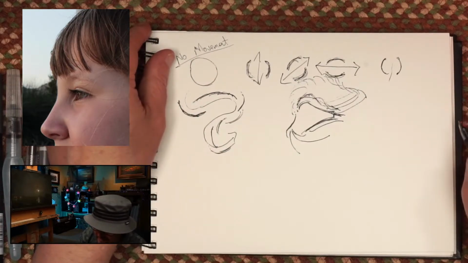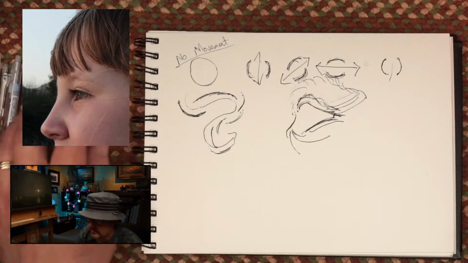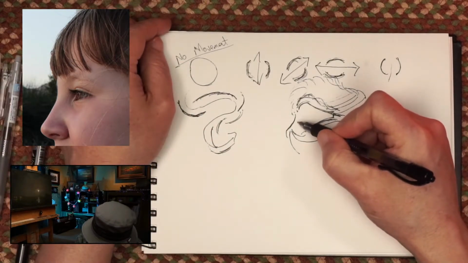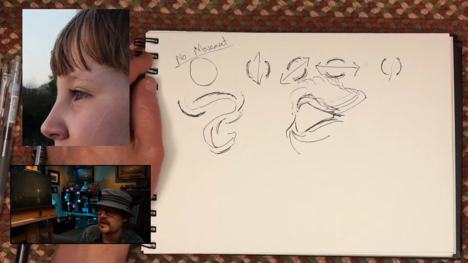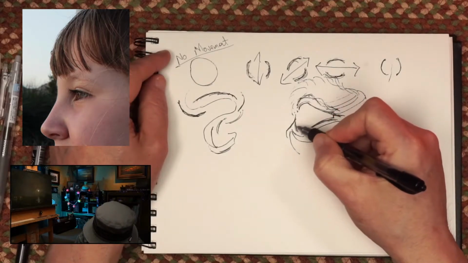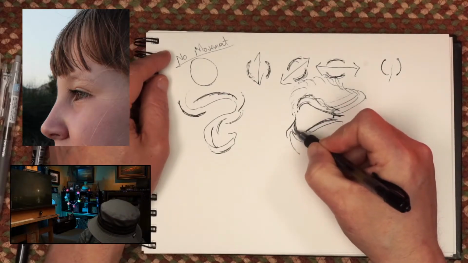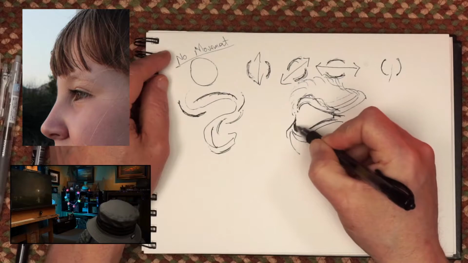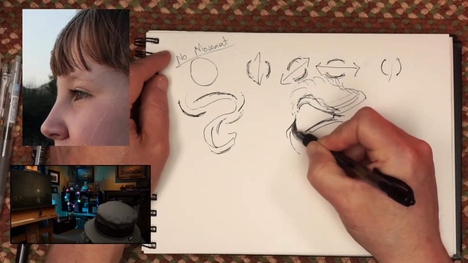Right, so it's one thing to display form, but it's something else to create movement and life. So the arts don't stop when you know how to do the form.